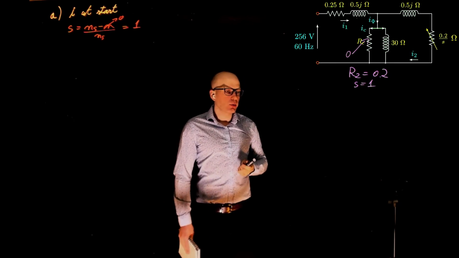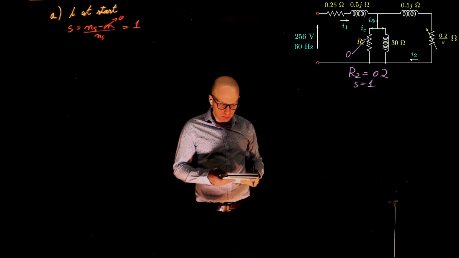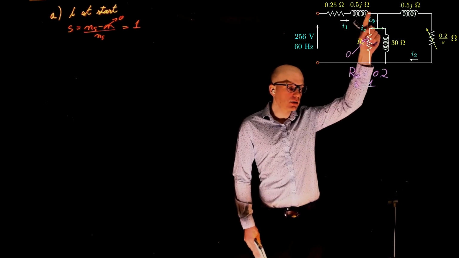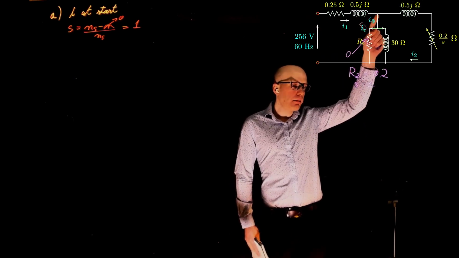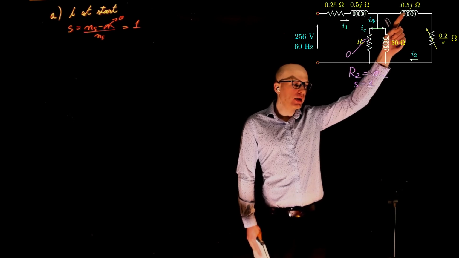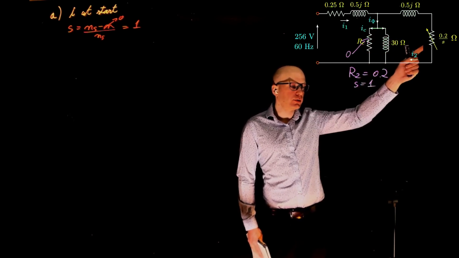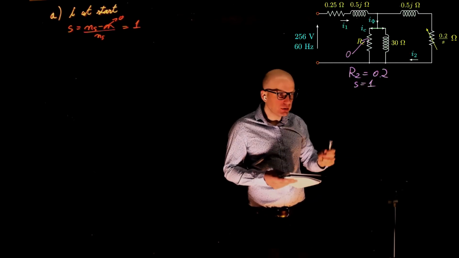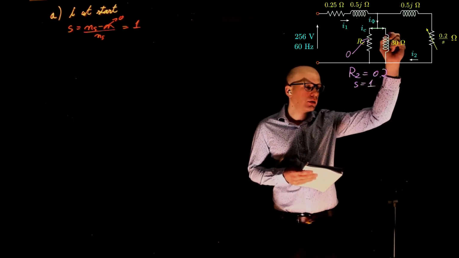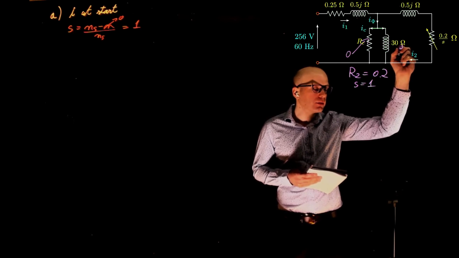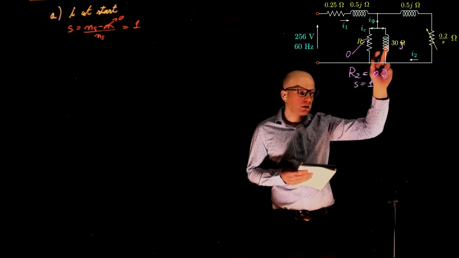How do you calculate the total impedance? Well, the total impedance is going to be this impedance plus the parallel of 30 and those two. Let's call this 30 ohms here, 30j, a complex impedance.